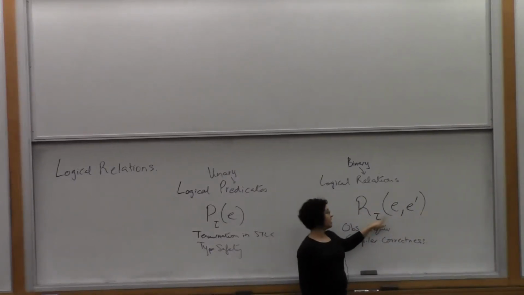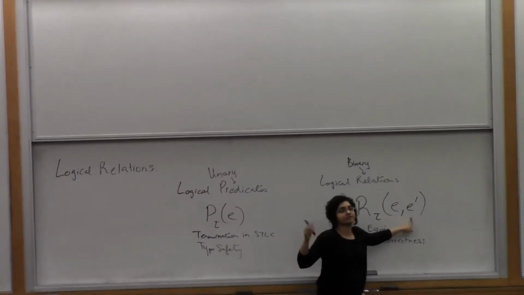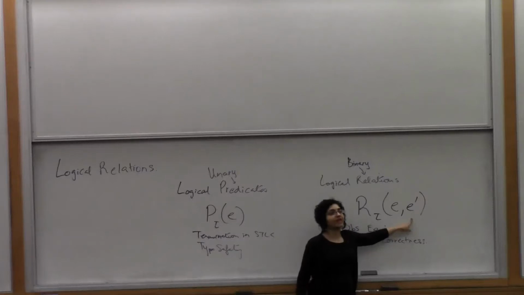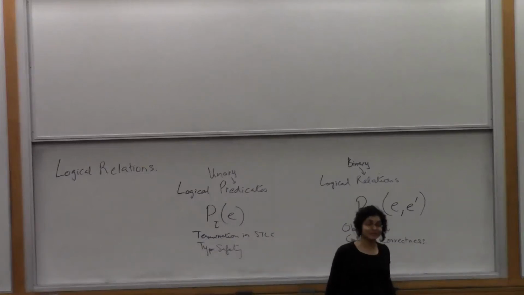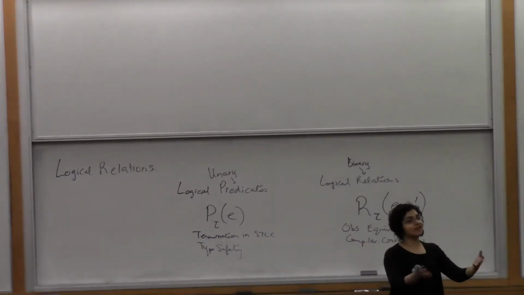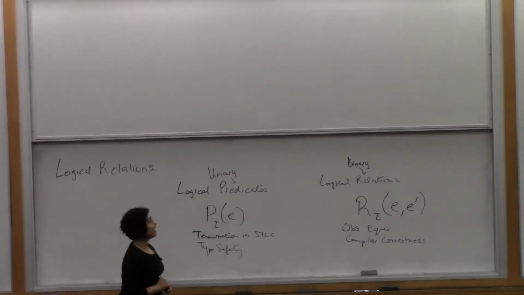It has type tau, and my compiler translated it to some E prime of type tau hat, whatever, the translation of tau. So you set this up so that the type of the source level term takes priority, and it tells you what type the other term will have. Okay.